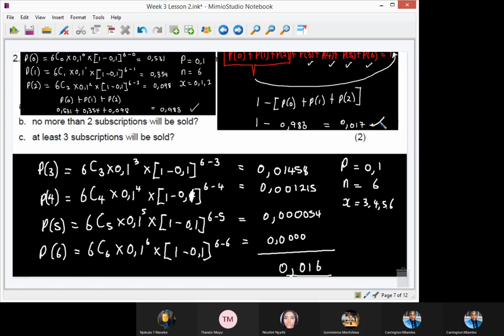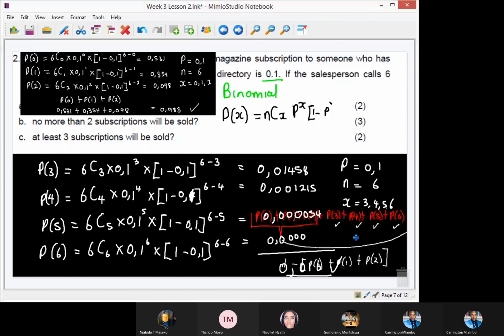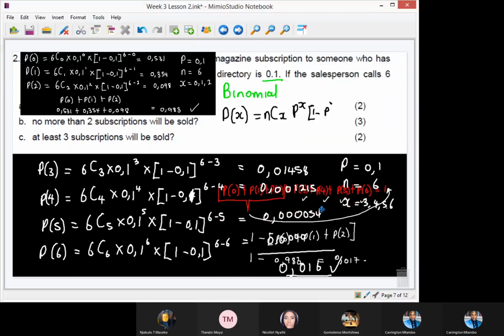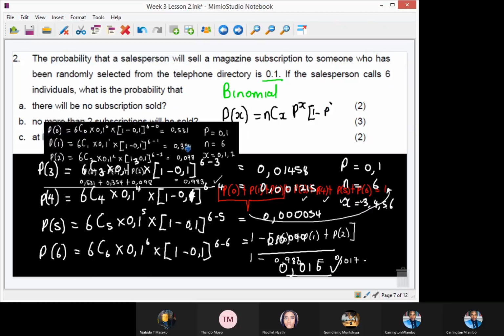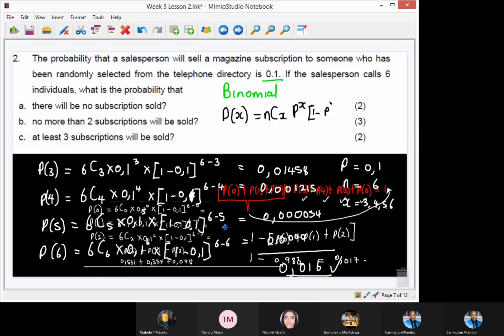The only difference is because of rounding your answers. If we don't round our answers for this one and this one, they will be the same. That's the long route, right? Which still gives you the same answer. So make sure you'll be able to see that what was asked here can be found here. You can still use that. That's what I want you to take note of, right?